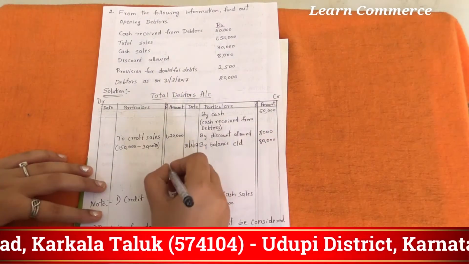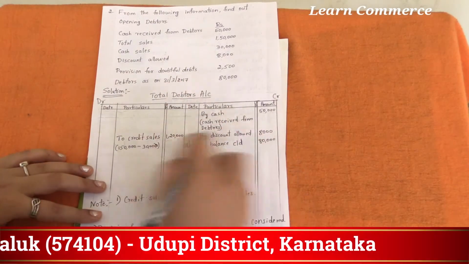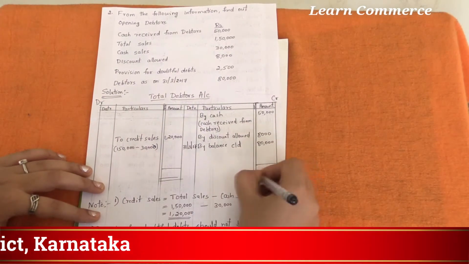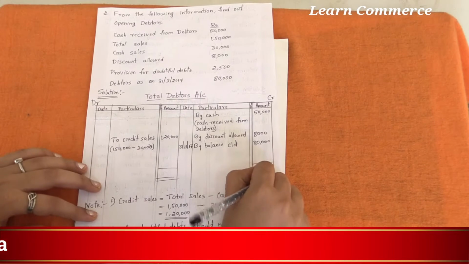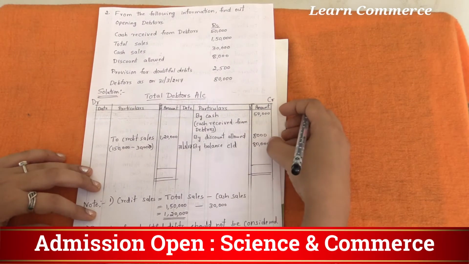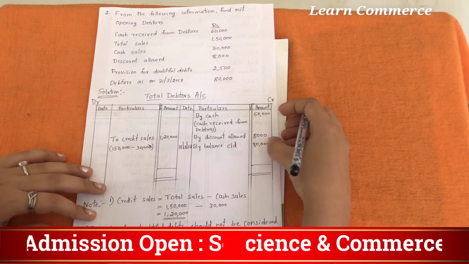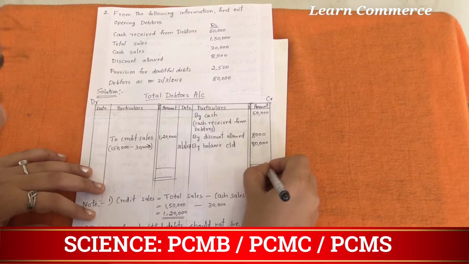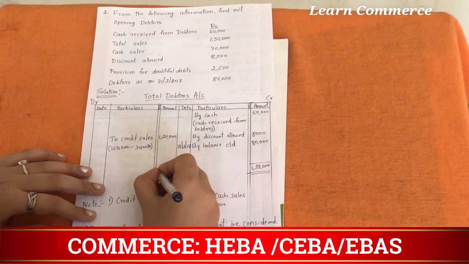So let us make the total. Just compare both sides of the amount column. Which amount is more? I hope the credit side is more: 50,000 plus 8,000 plus 80,000 will be 1,38,000. Write the same amount on the debit side.